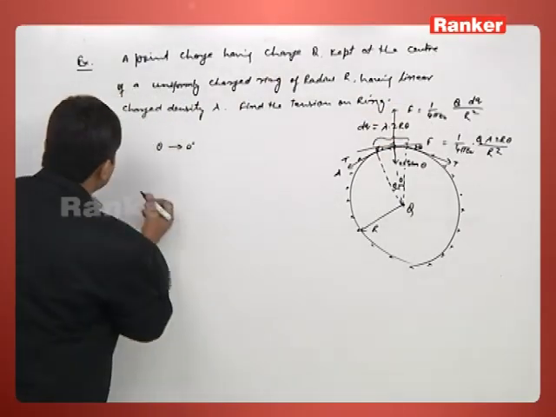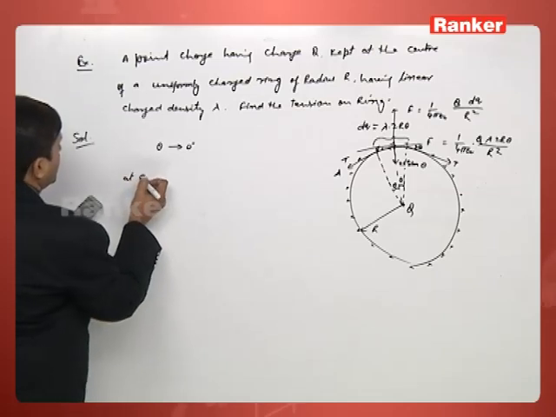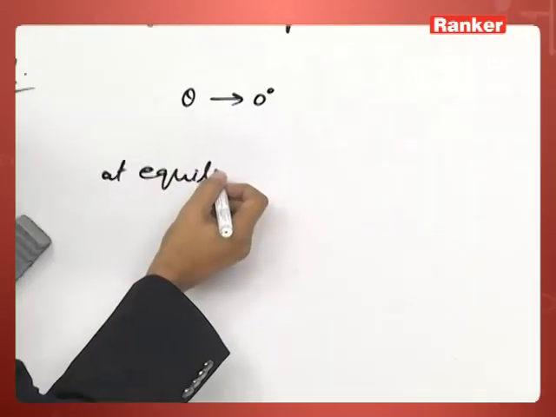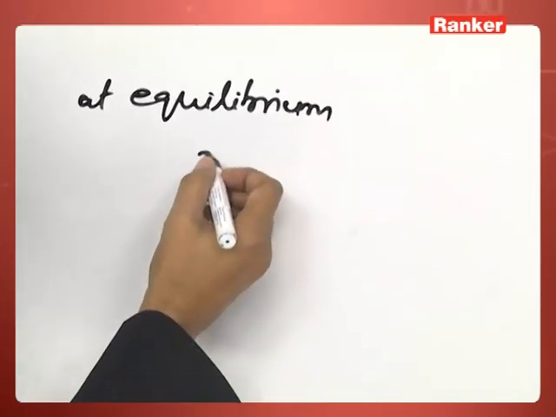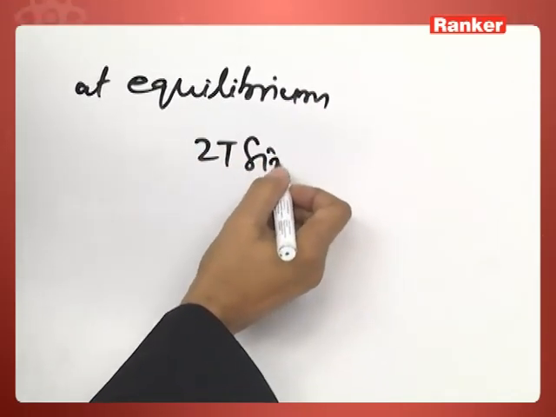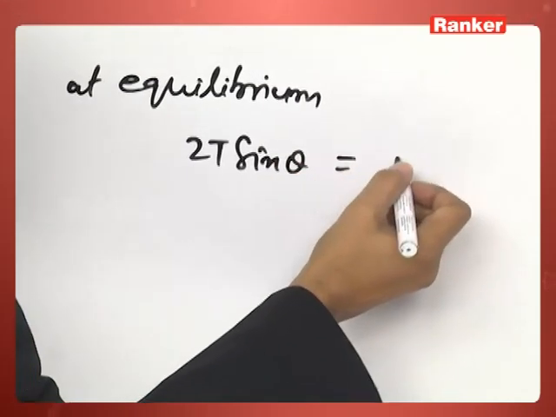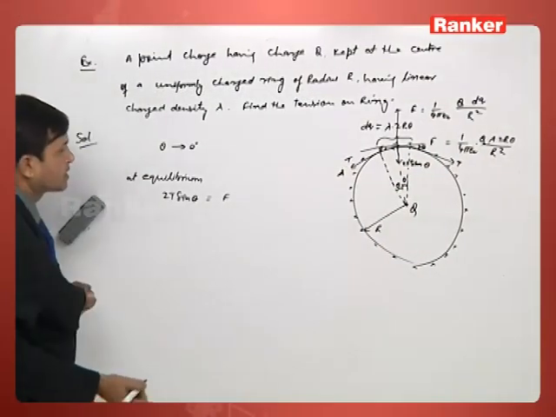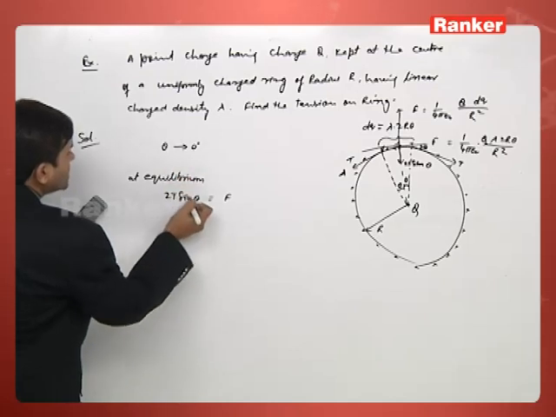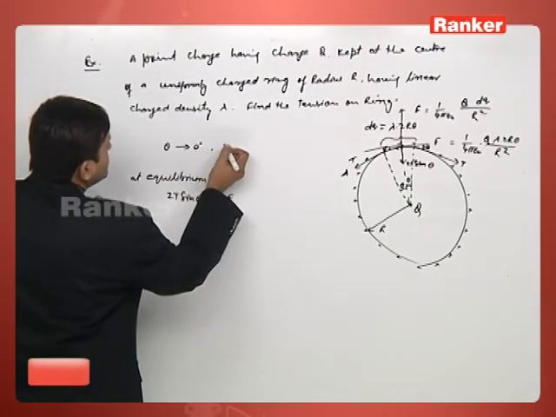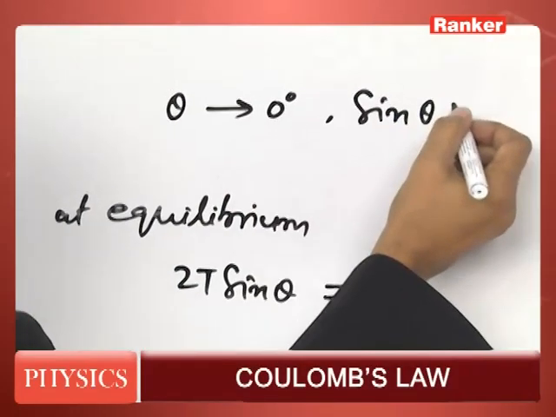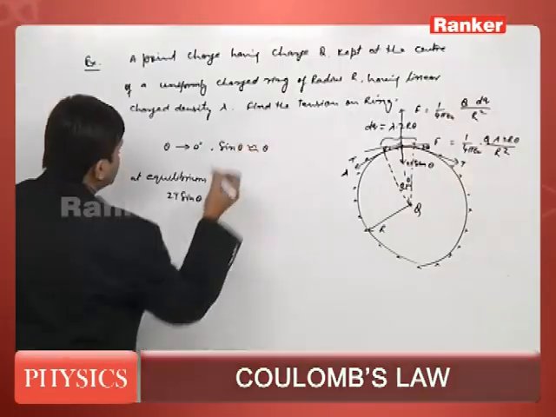So at equilibrium we can write 2T sin theta is equal to that force F. Now, as theta is very, very small, for theta tending to 0 we can write sin theta almost equal to theta.